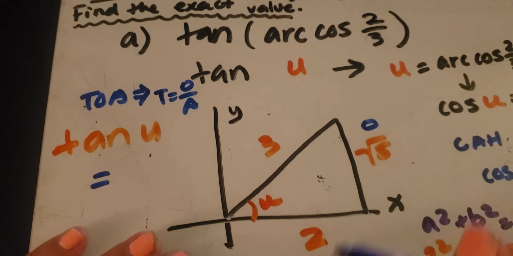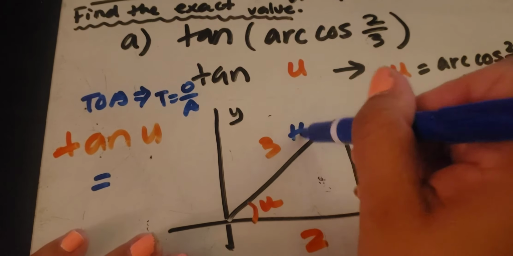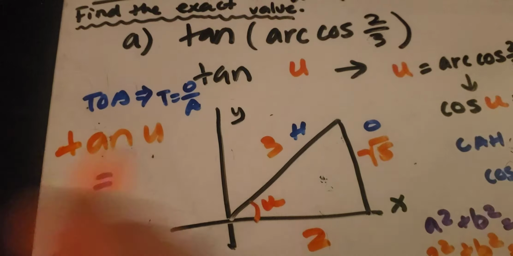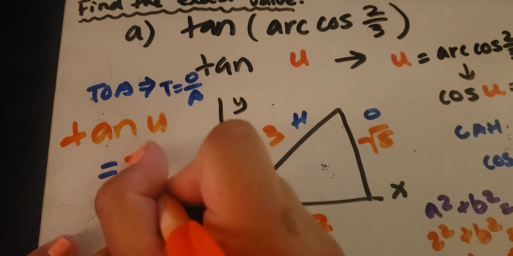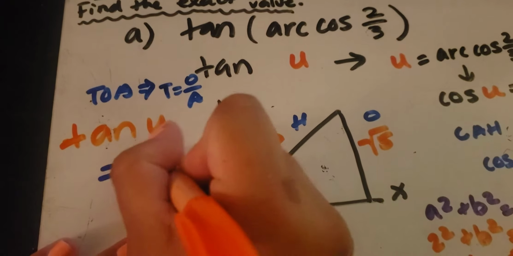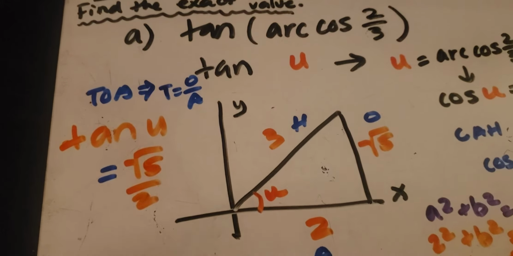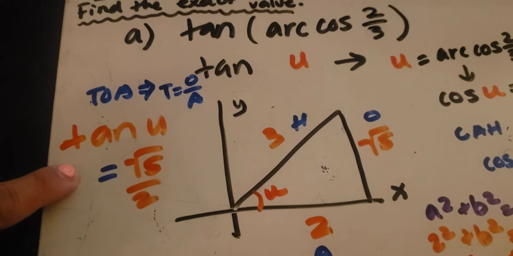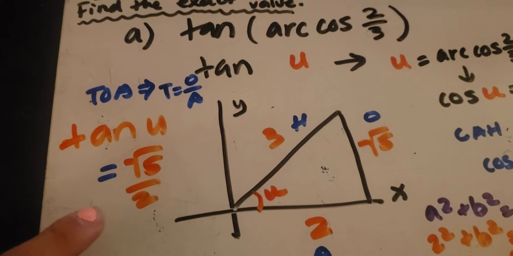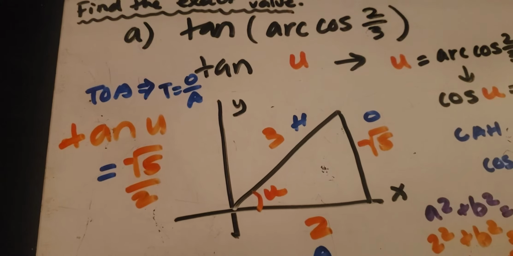This is your opposite, this is your adjacent, and this is your hypotenuse. So we should have square root of 5 over 2, and this would be our final answer. Tangent of u is square root of 5 over 2.